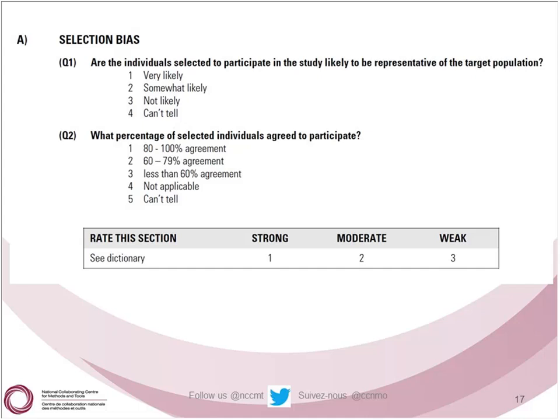Some studies, for example, might not have told us how large the denominator was, so we really don't know. And there are some policy studies that are like that, policy interventions. So it could be not applicable, or there could be a can't tell. Some studies just don't tell us what percentage of the population actually agreed to participate.